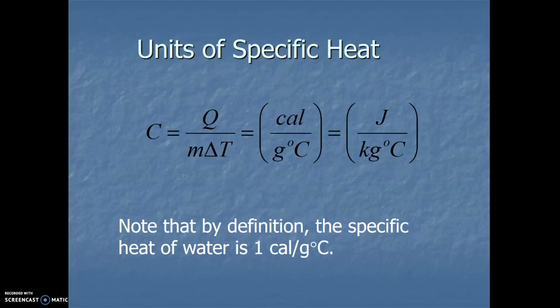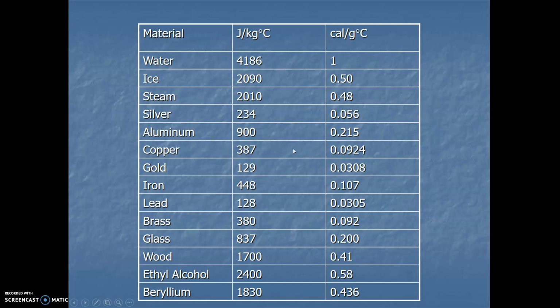Units of specific heat. Specific heat is just the calories or the joules per gram per degree Celsius. Water is defined as 1 calorie per gram per degree Celsius. So here are some actual specific heats.